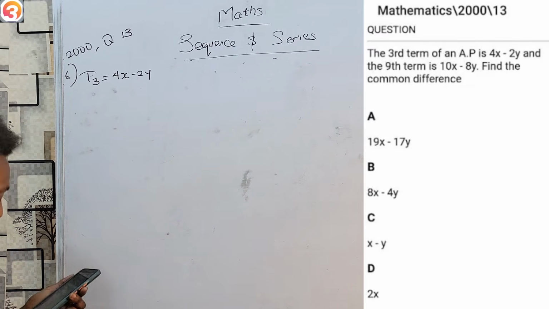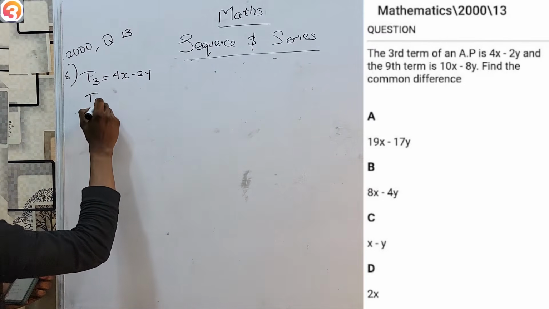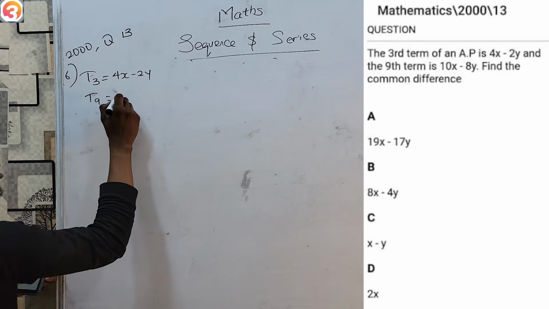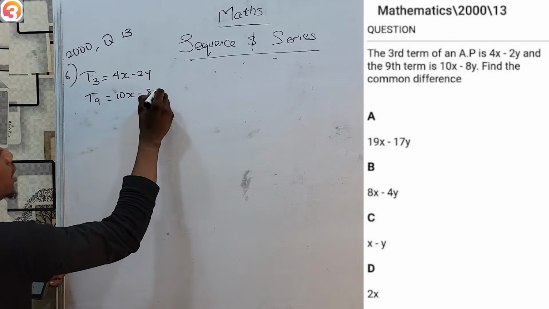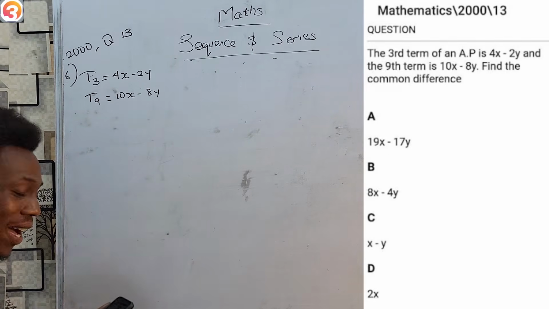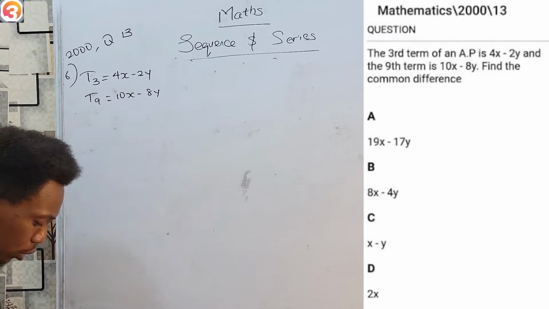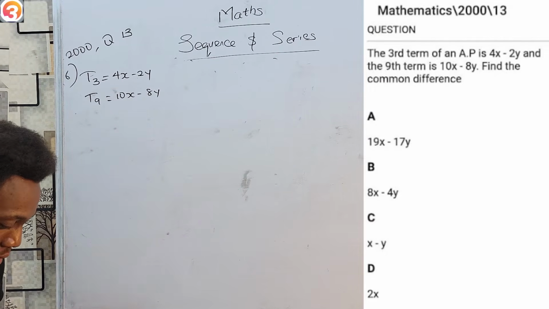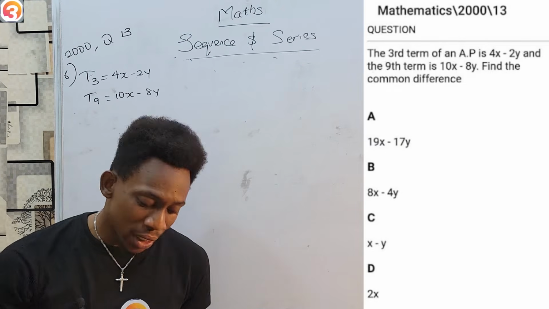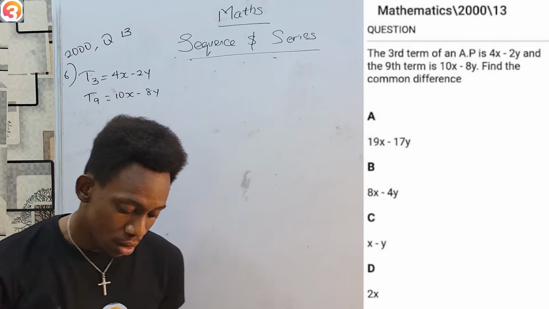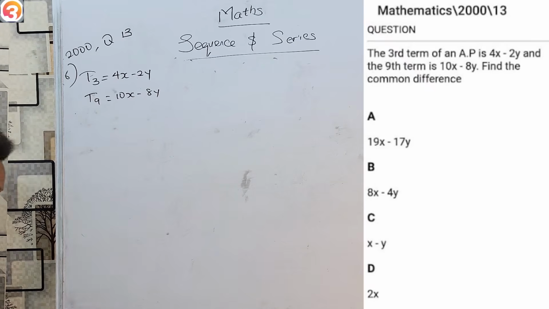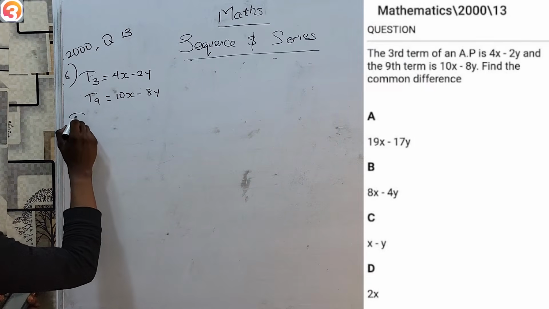And the 9th term, which is T9, is 10x minus 8y. Find the common difference. I do believe we've solved a question kind of like this. Just that in this case, rather than being given proper numbers, we are being given terms in letters. But the method remains the same.